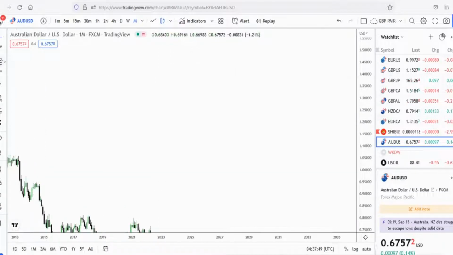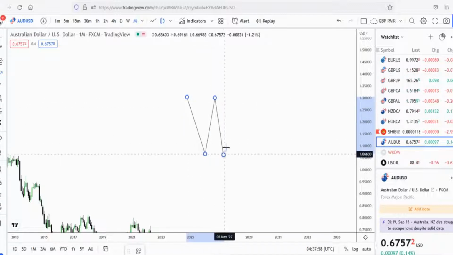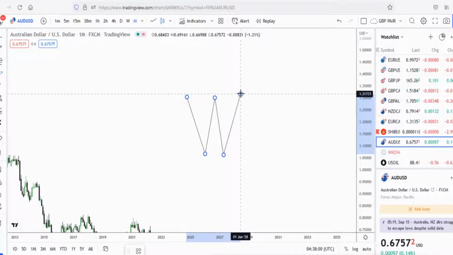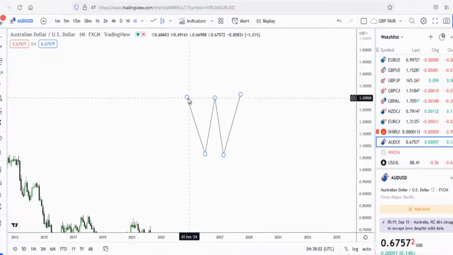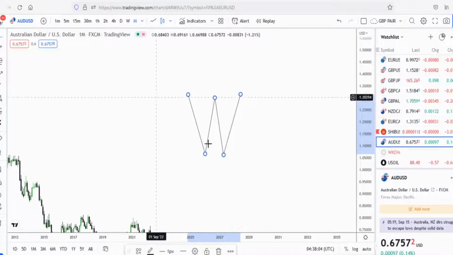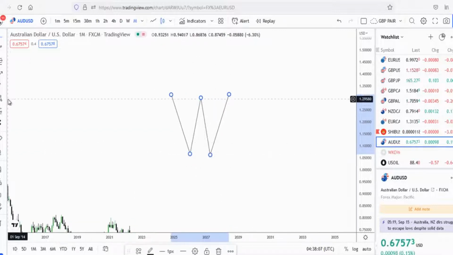All right, we have this push to the downside, then to the top side, downside, and then to the top. Like I said, it's just an inverted form of the double top. We have the double bottom here, the double touch at the bottom.